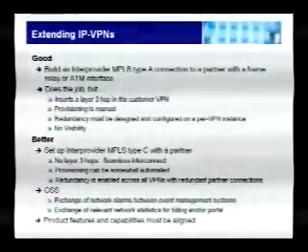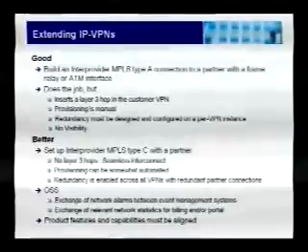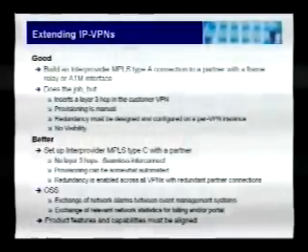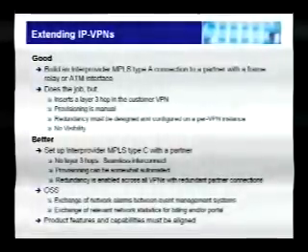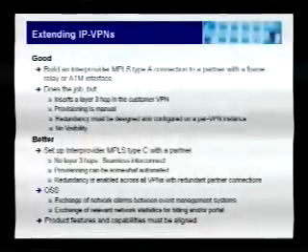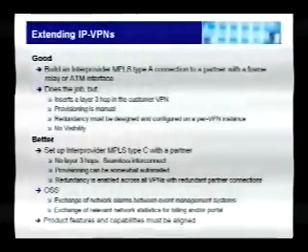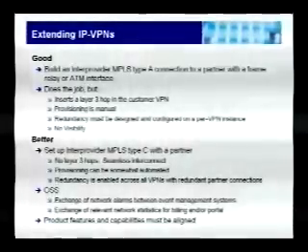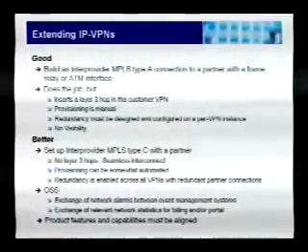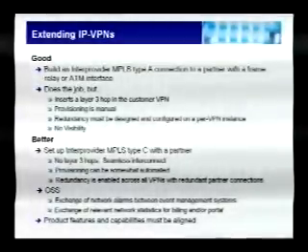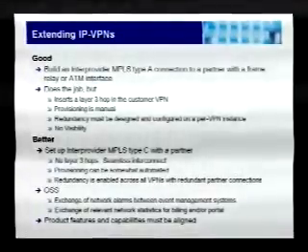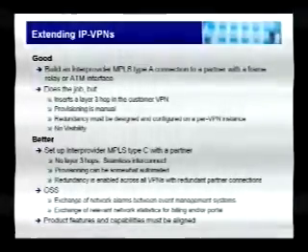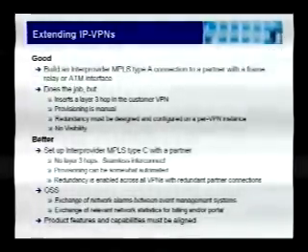So if I have 2 NNIs or 2 inter-provider connections with another carrier, I have to go and configure 2 PVCs in that customer VPN, and then I have to do specific dynamic routing across those connections just for that one VPN. There's also no visibility. If the customer port on the remote network goes down, I may have no clue that that's gone down unless the customer calls me and lets me know, or it happens to be a managed service.